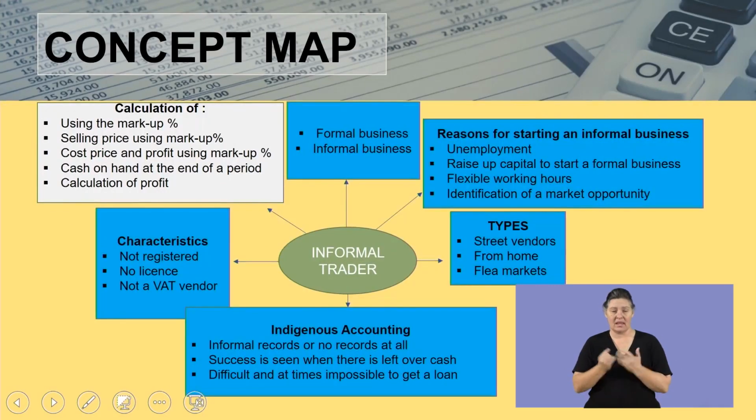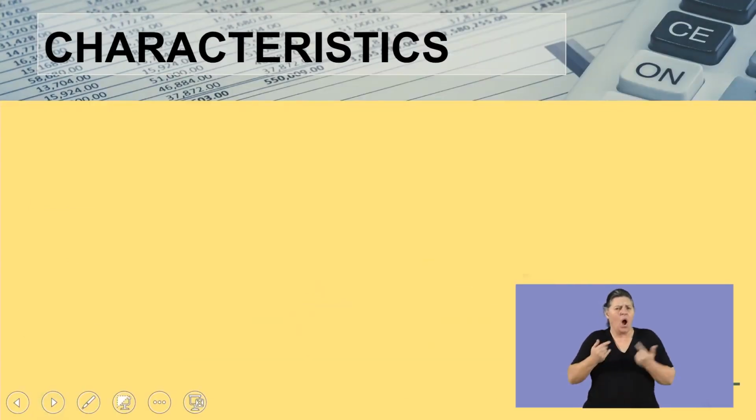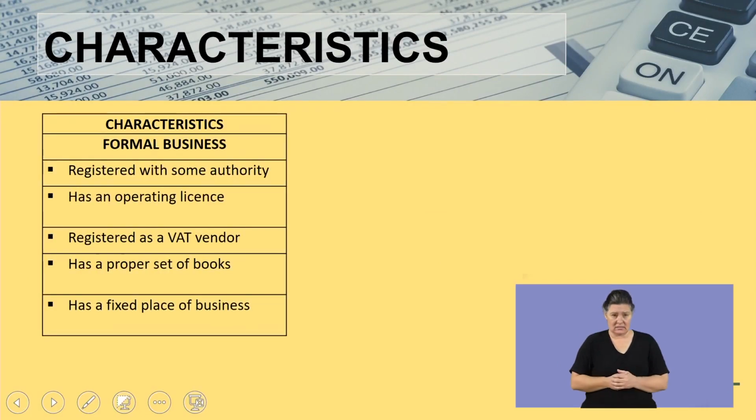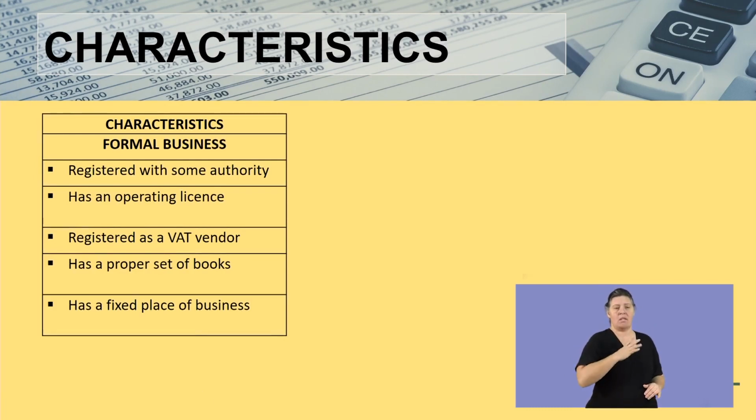Dear learners, I'm going to quickly move on to the characteristics: if you look at a business, how can you characterize if it is a formal business? These are the signs that will tell you this is a formal business. It has to be registered with a particular authority. Remember, we mentioned SARS.